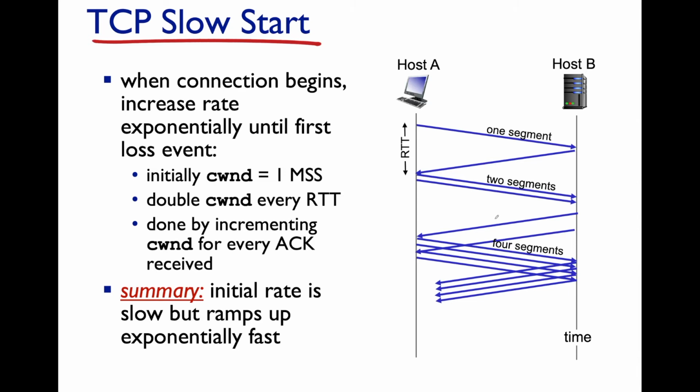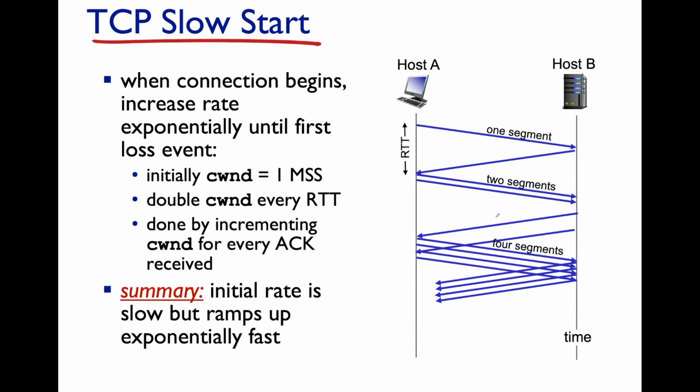Now, let's take a look at how it ramps up the size of this congestion window, this additive increase that we alluded to before. So when a connection begins, it starts to increase that rate exponentially until you get a first loss event. So you start out with 1 MSS worth of data as the size of the congestion window.